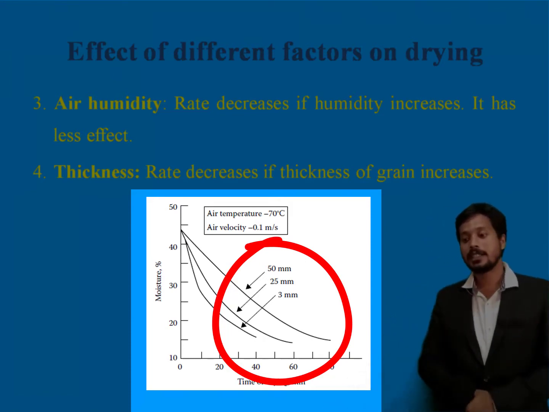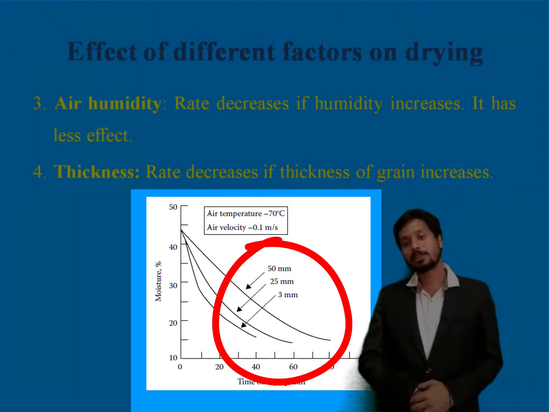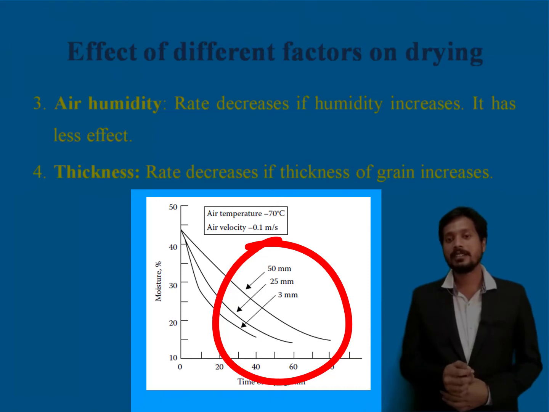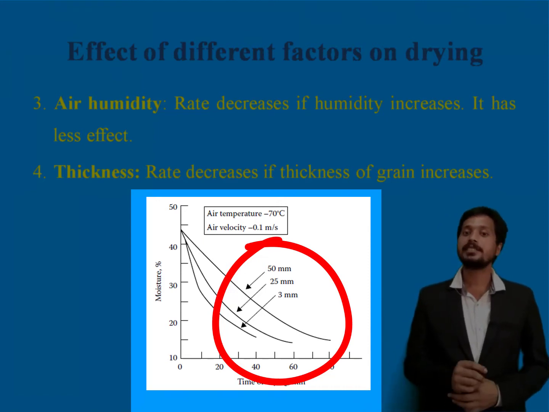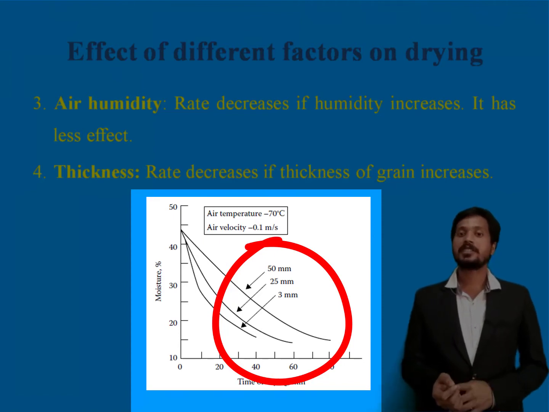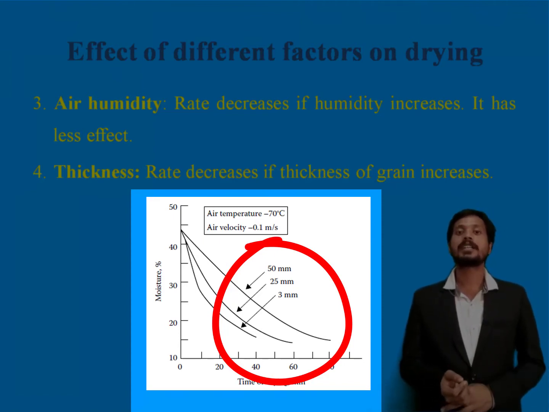Whereas at 50 millimeter, if the thickness of the grain is more, the drying rate is very low. The moisture content is reduced, yes, but not up to that mark, or if it reduces, it takes more time to dry.